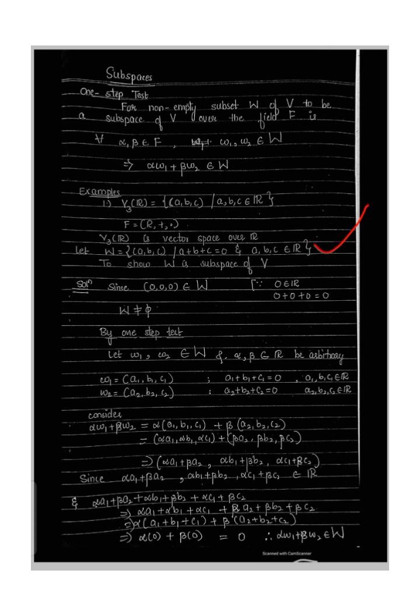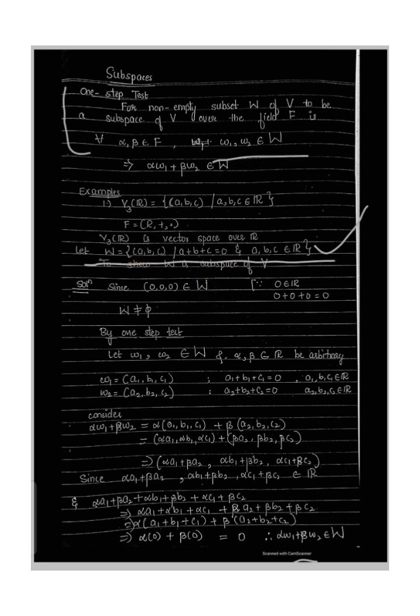Then we have to apply the one step test. What is the one step test? For that, I have to take two elements from W. W contains ordered triplets which satisfy this condition.